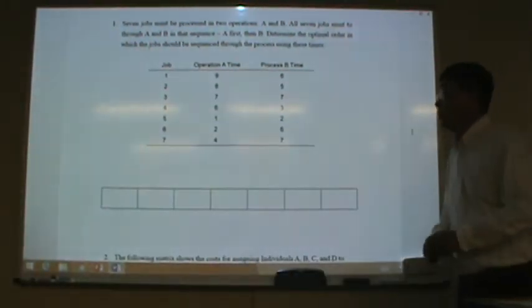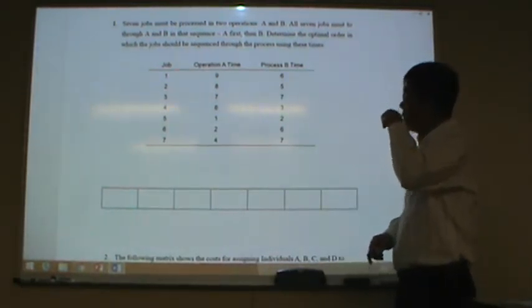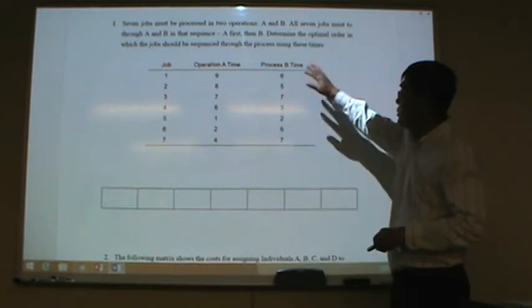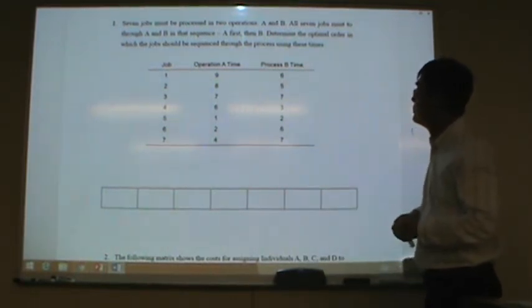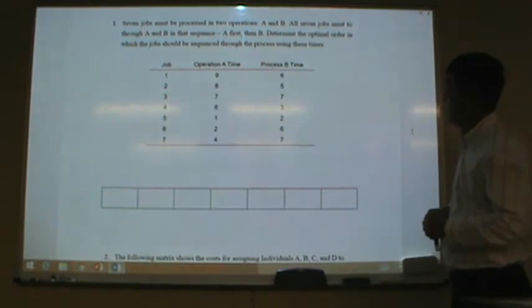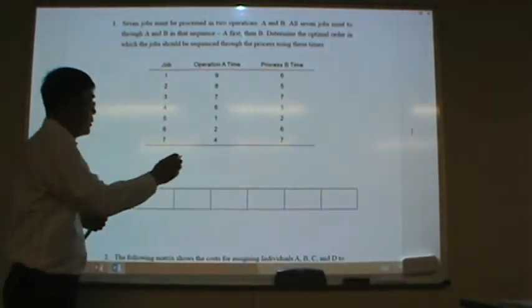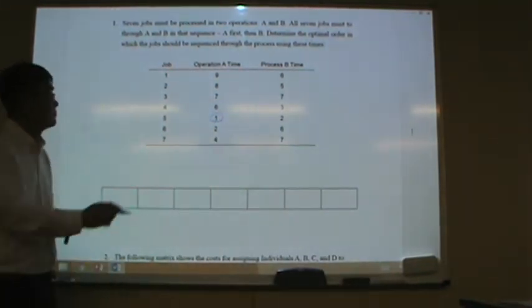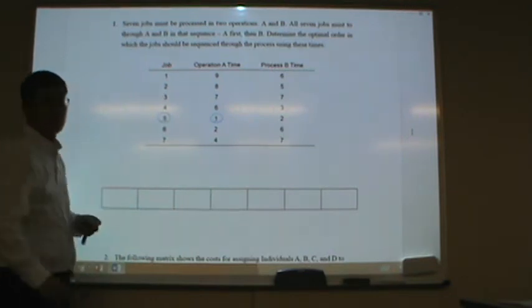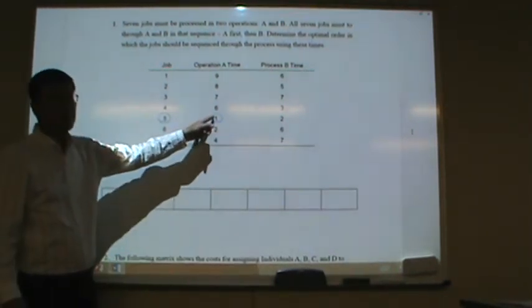Do together. Okay, there are 7 jobs, and each has an operation time on machines A and B. This one is shortest, right? Job 5, first machine.